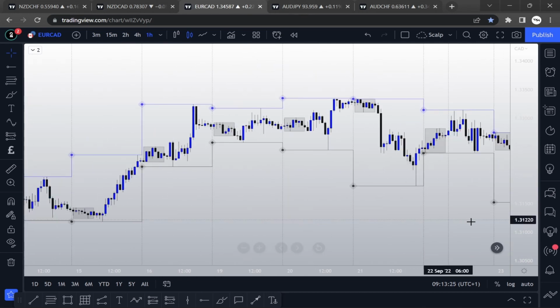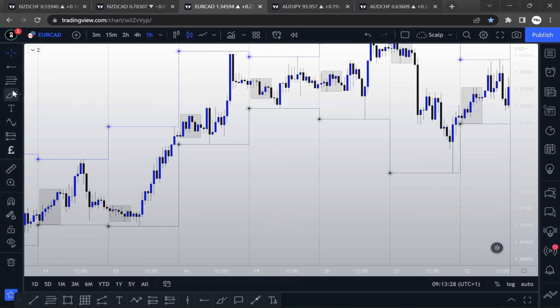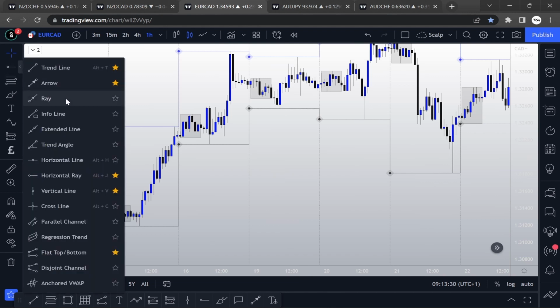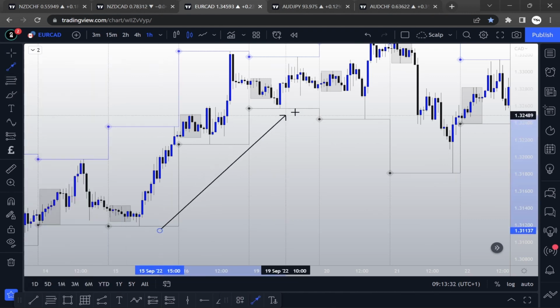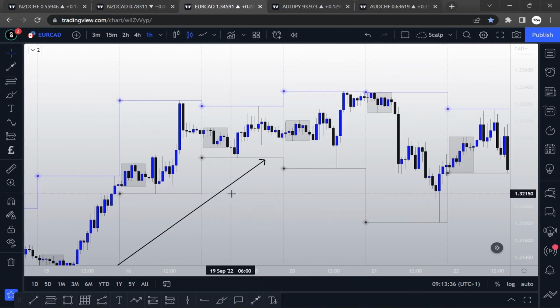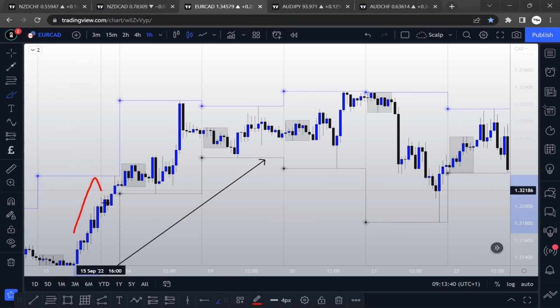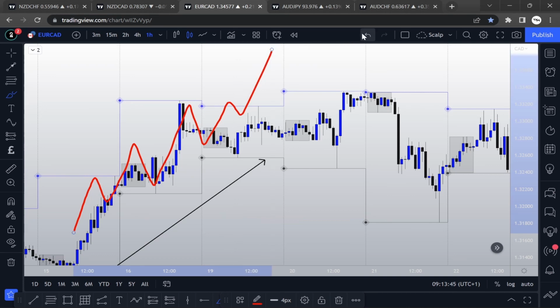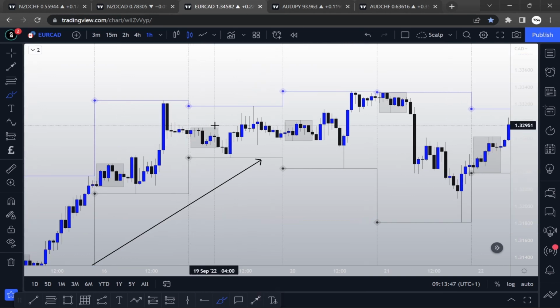Okay, so for instance, right here we have a bullish market. Bullish means that the price is trending upwards, higher highs and higher lows. Okay, we have an Asia box right over here.